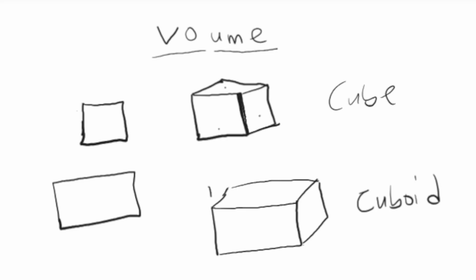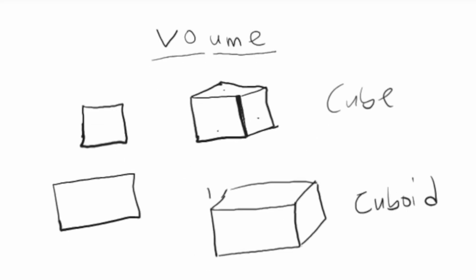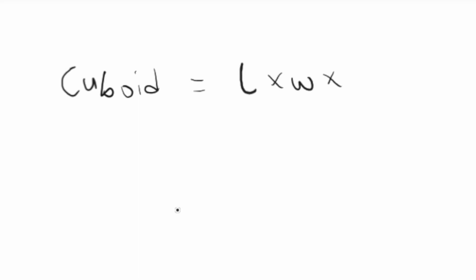So the volume for a cuboid or rectangular solid is going to give us the length times the width times the height. That will be the volume.